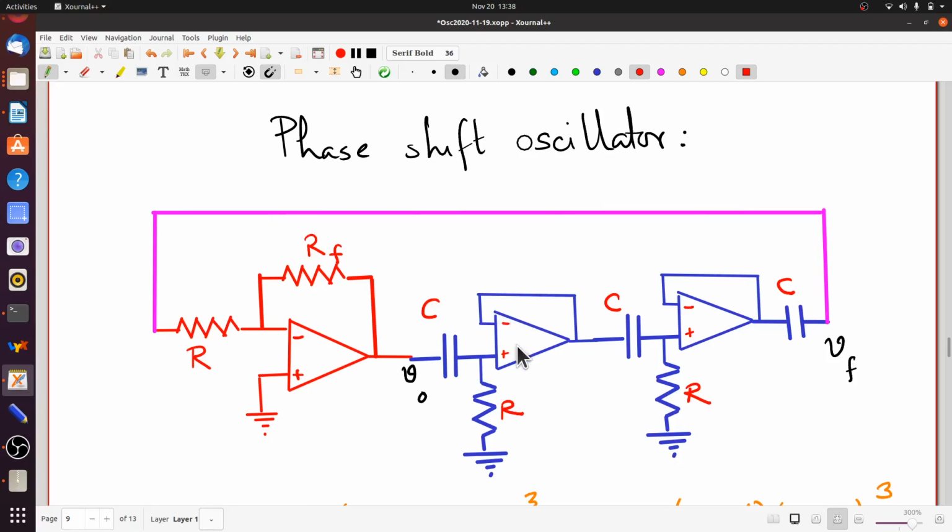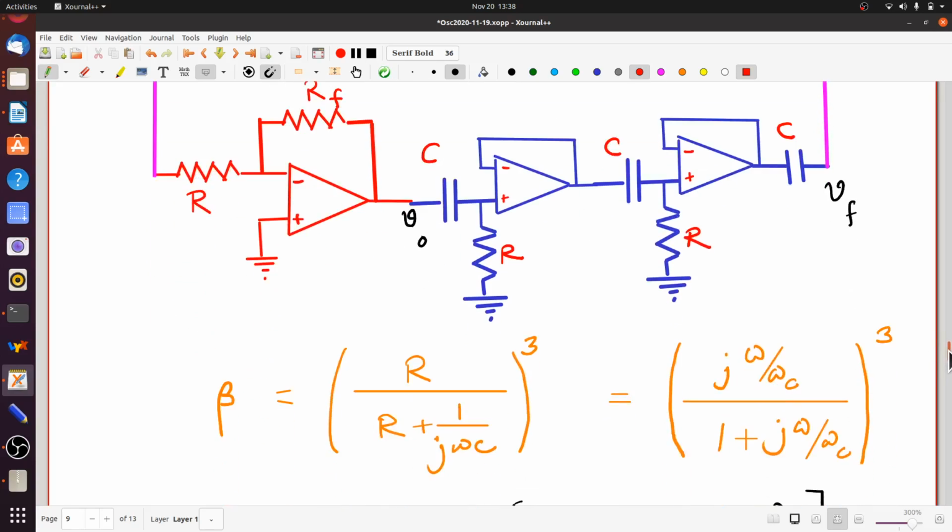You have put in unity gain buffers in between them so that each successive CR piece does not load the previous piece. This means whatever fraction VO by VI each one has, you just multiply them together, you have got the overall feedback fraction. So this, of course, makes our life a lot easier as far as calculations are concerned.